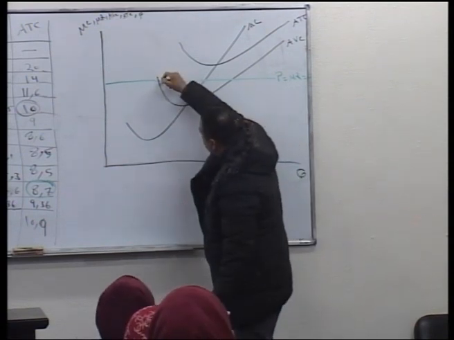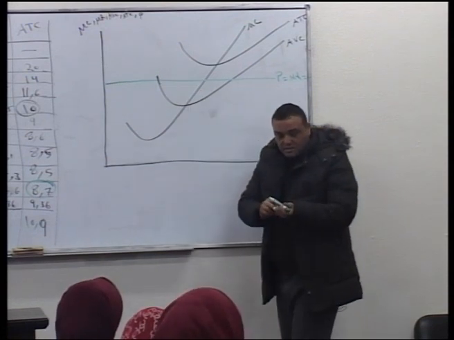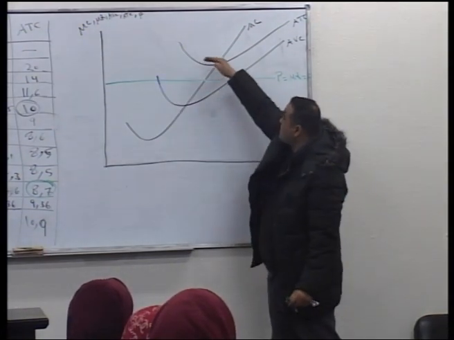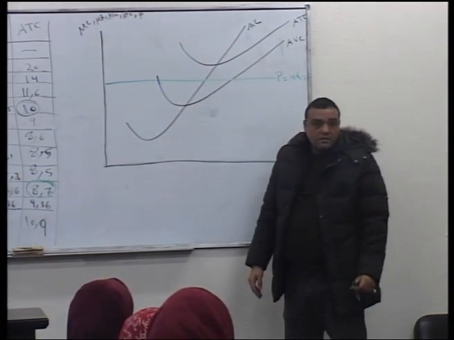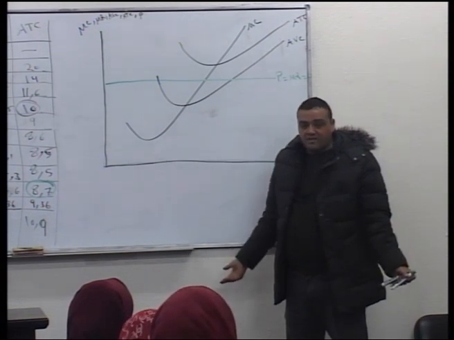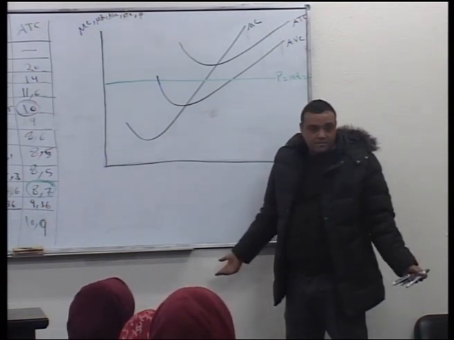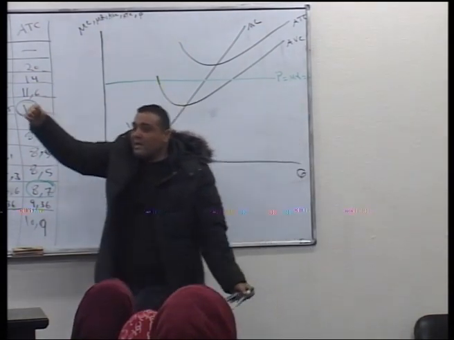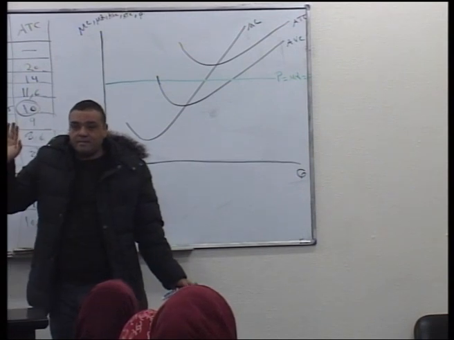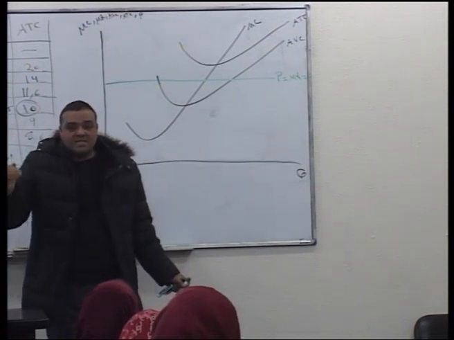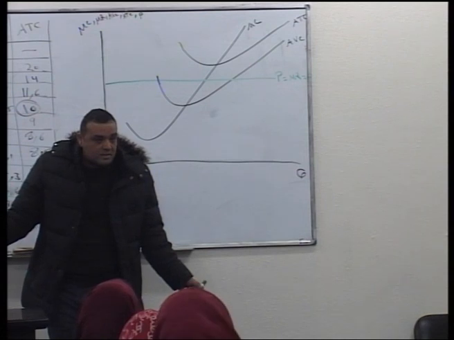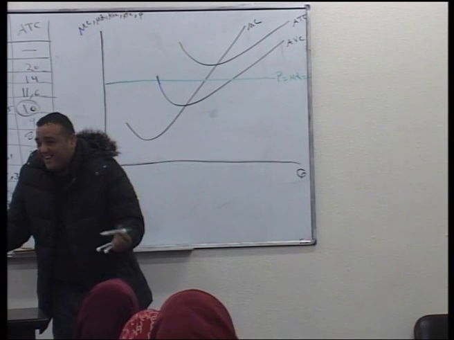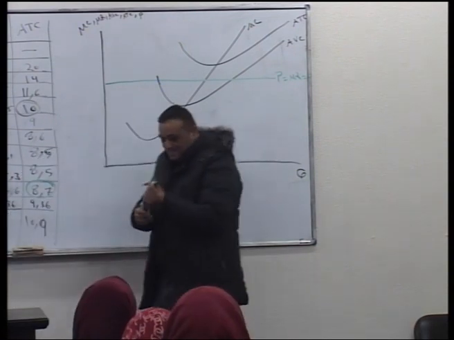To determine if there are profits or loss, the price here is below ATC. Here we have a loss, because the price is less than ATC, which means total revenue is less than total cost. Okay?